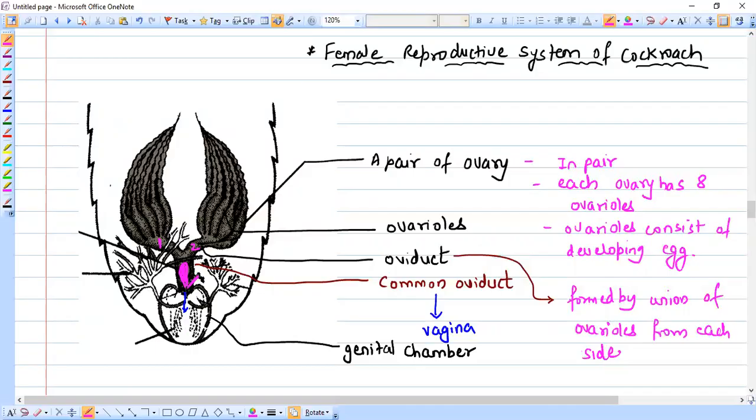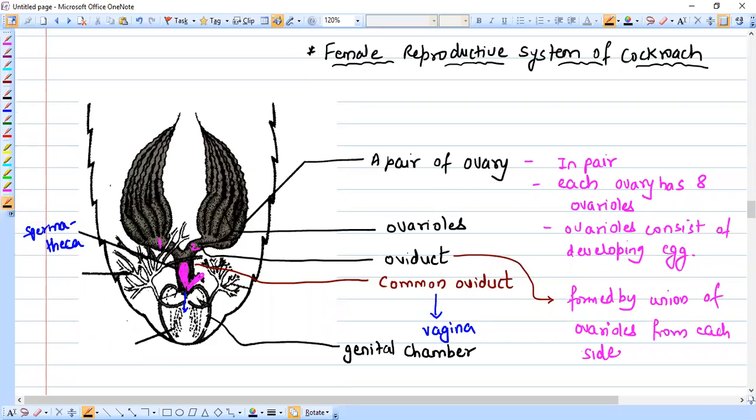When the cockroach does mating, the male cockroach gives all the sperms to the female cockroach, and finally the female cockroach is going to store it. The place where they are going to store it is called spermatheca. The role of spermatheca is basically to store the sperm.